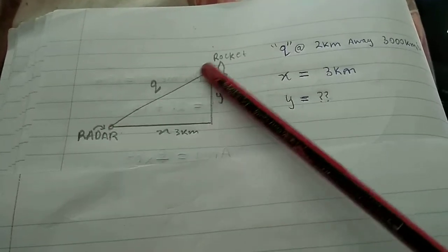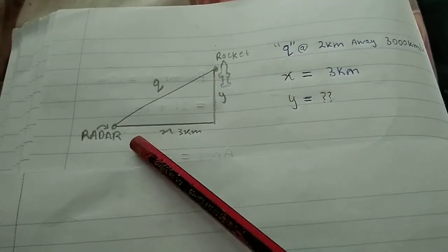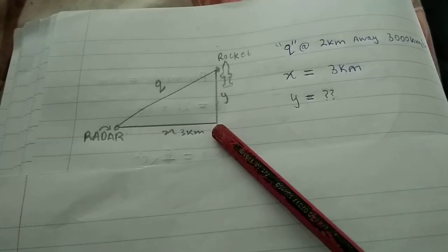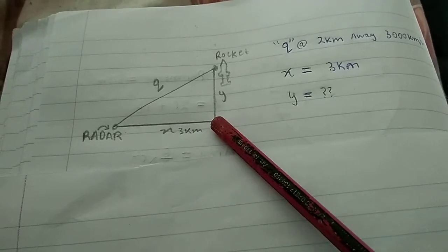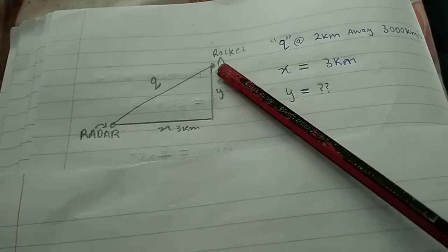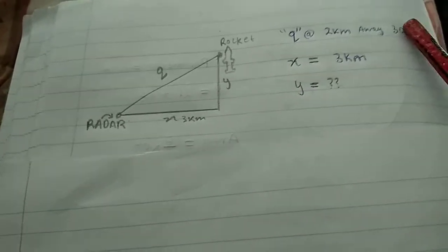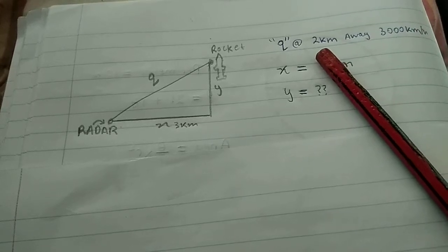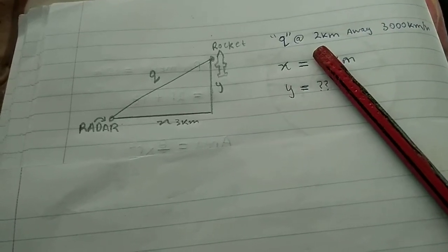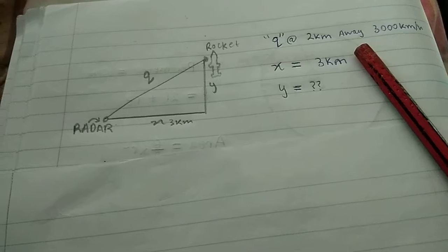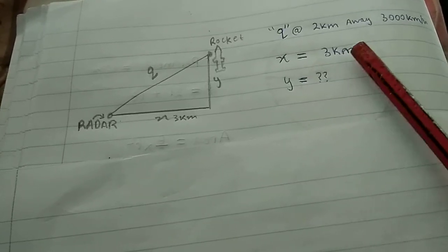This is the Q, the distance between the radar and the rocket. This is the X, 3 kilometers away from the launch site, and the Y is also what we're looking for a change in. It's also given that the change in Q, at 2 kilometers away between the radar and the rocket, is 3,000 kilometers per hour, and then X is constant, 3 kilometers.